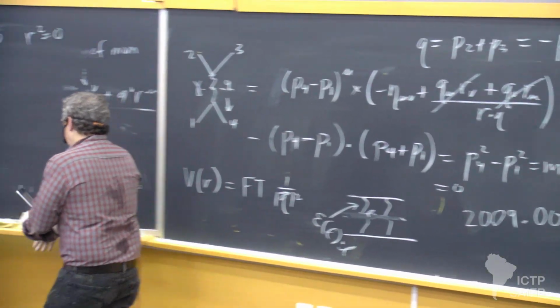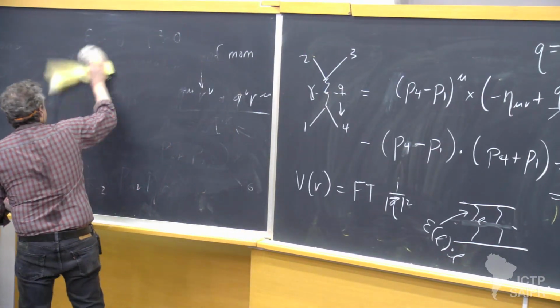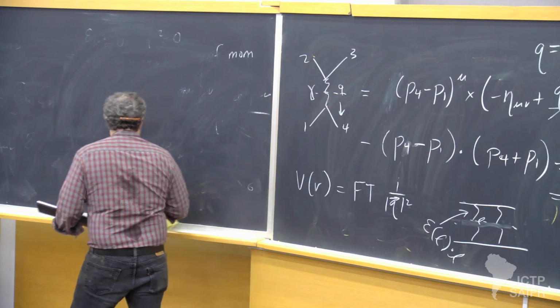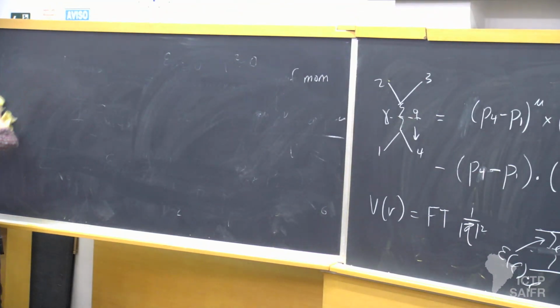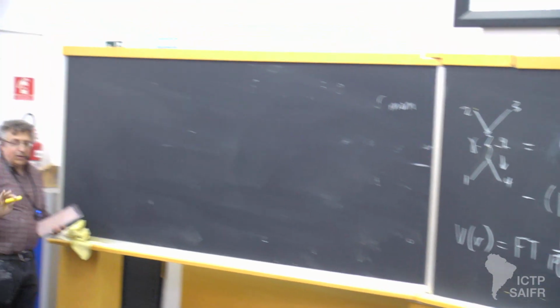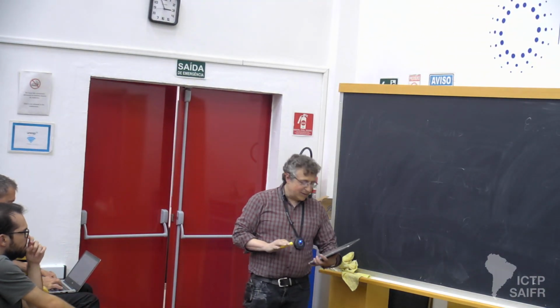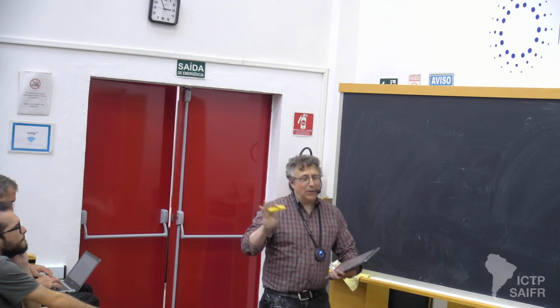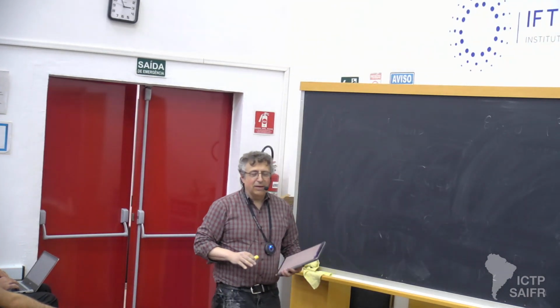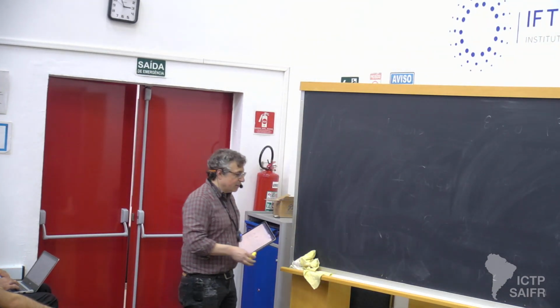So you need a formalism that's compatible with great advances in doing loop integration, which, by the way, I won't discuss here. It would take a while to explain the modern way of doing integrals.